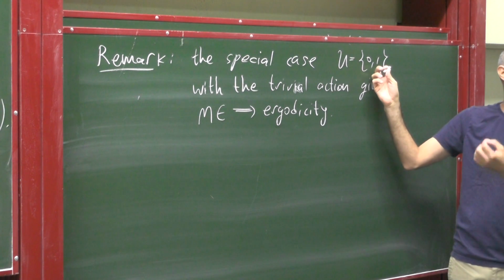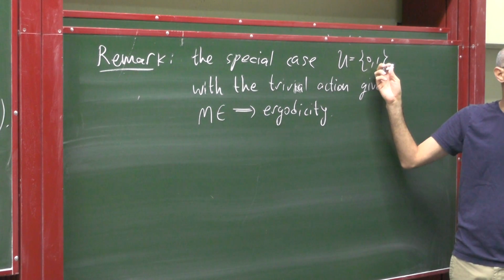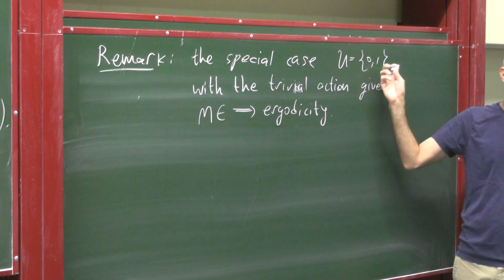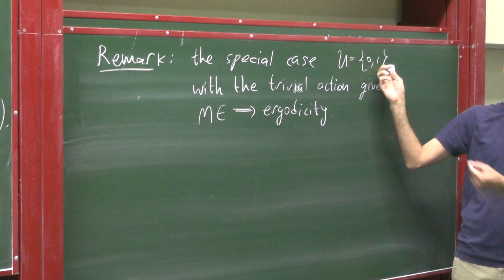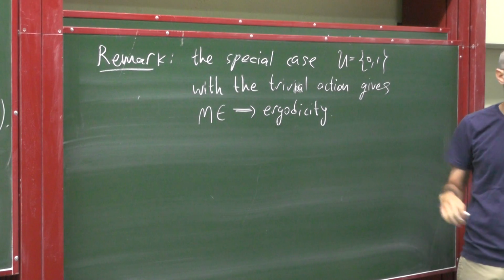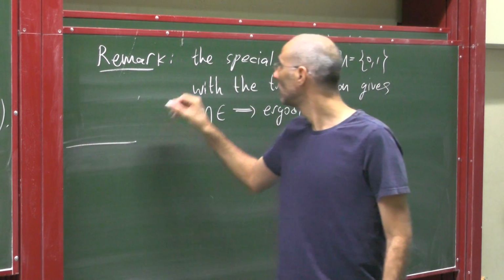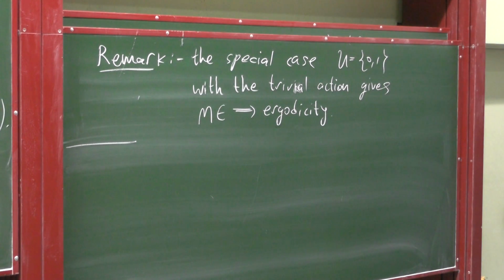This means an invariant subset, the preimage of 1, say, in X. And to say that this must be essentially constant means that this invariant subset is either full or empty.